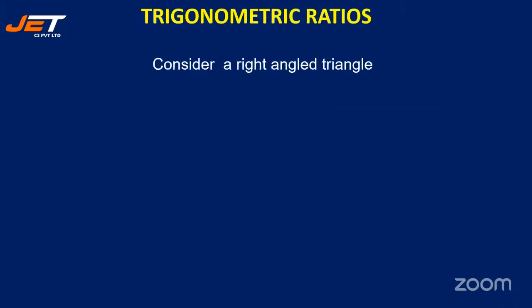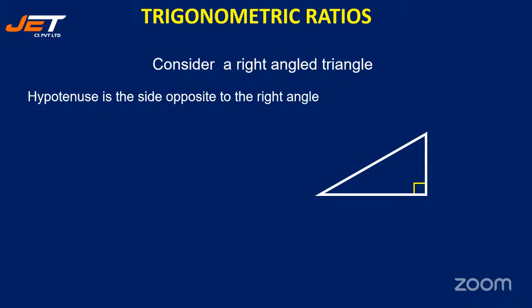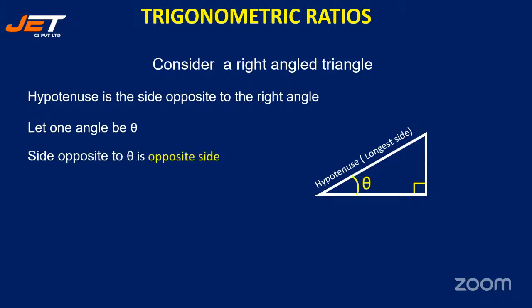So trigonometric ratios: consider a right-angled triangle. The hypotenuse is the side opposite to the right angle. Isn't it the lengthiest one? The longest side, in other words. So let one angle be theta. The side opposite to theta is the opposite side.